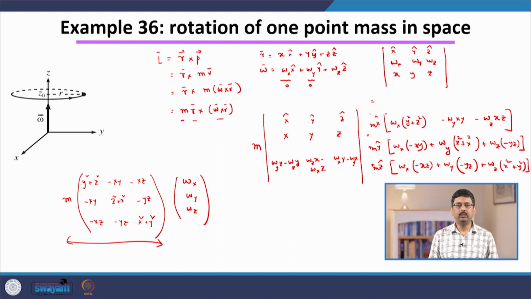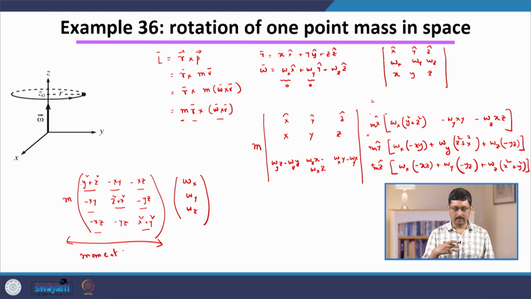If you recall the definition of moment of inertia that we discussed in the previous lectures, you see that this is precisely the matrix: the diagonal elements are precisely the moments of inertia about the x, y and z axes, and the off diagonal elements are the products of inertia that we defined earlier, except for a negative sign.